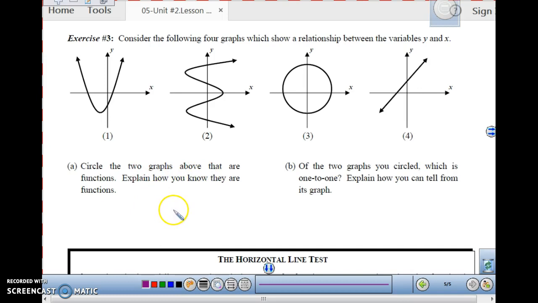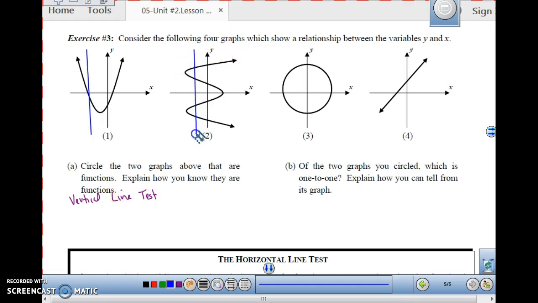All right, first of all, how do we know they're functions? Well, for every x there is only one y. The vertical line test. If we draw a vertical line and we hit the graph only once, that makes it a function. So if we do the vertical line test on these, which 2 graphs are functions? Well, let's see. If I draw a vertical line here, it hits it only once. All right.